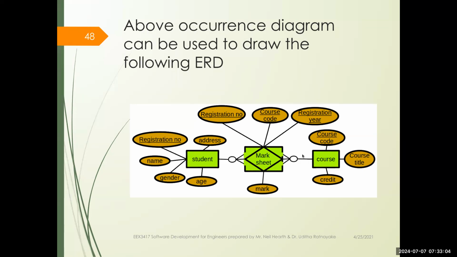These are the entities. This zero means sometimes we can put it as zero marks. No marks can include no need for a mark. Sometimes he has not done the exam, so we can put zero or null.